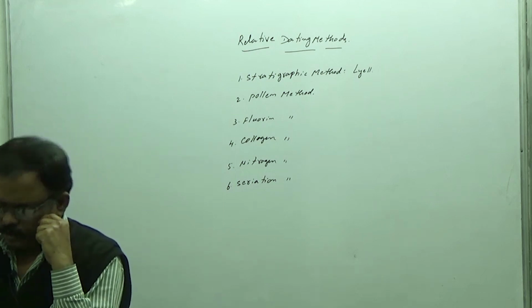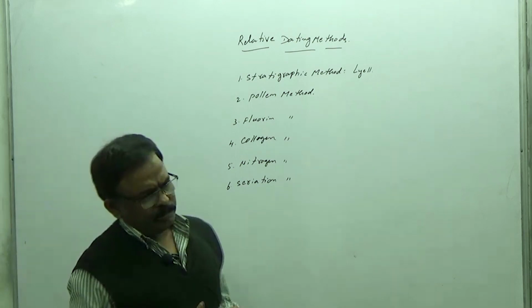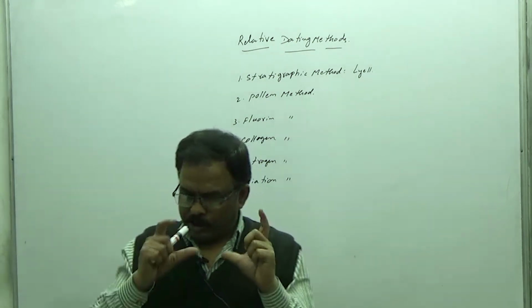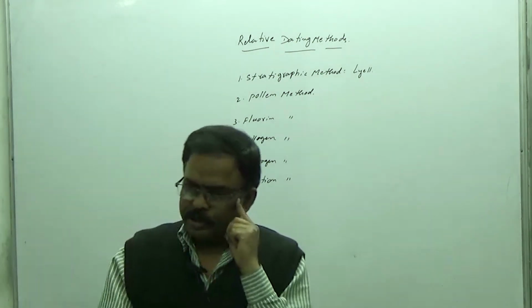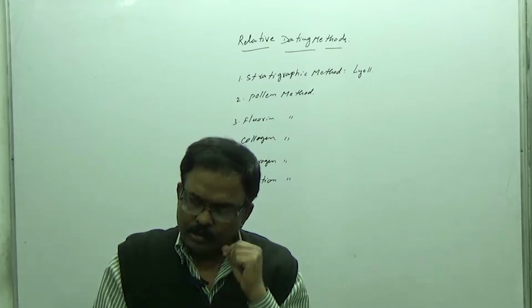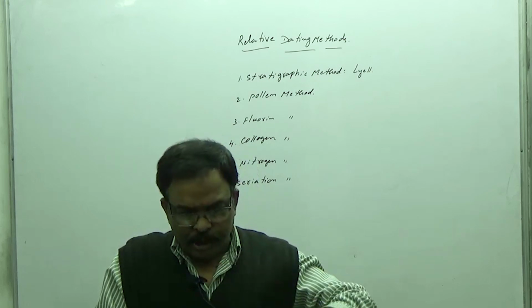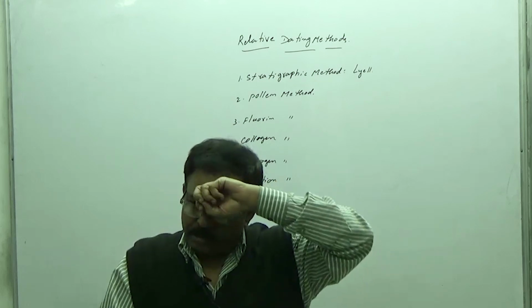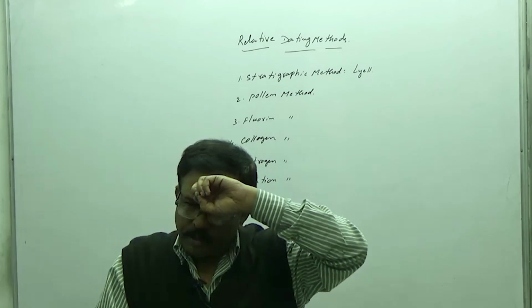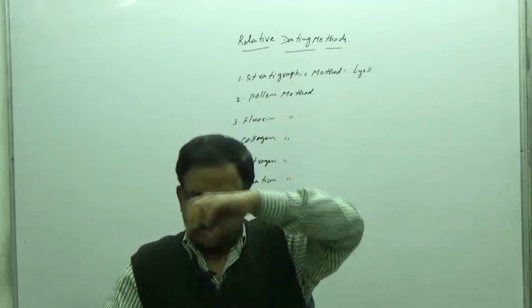Then, why are these relative methods more prominent? If both absolute and relative methods exist, why are relative methods prominent? If this is the question, relative methods are more prominent than the absolute.